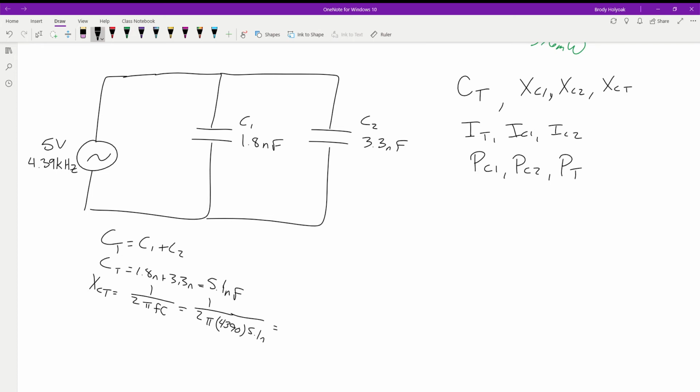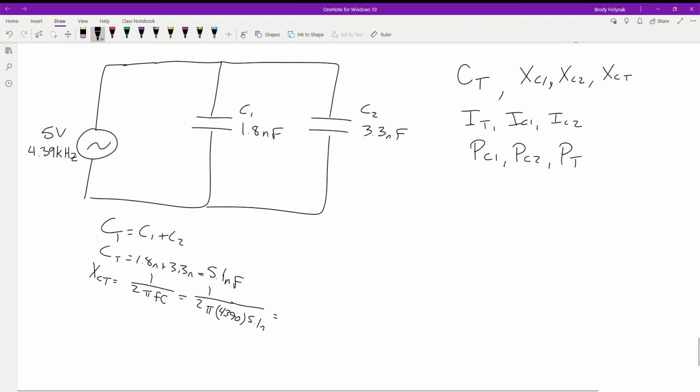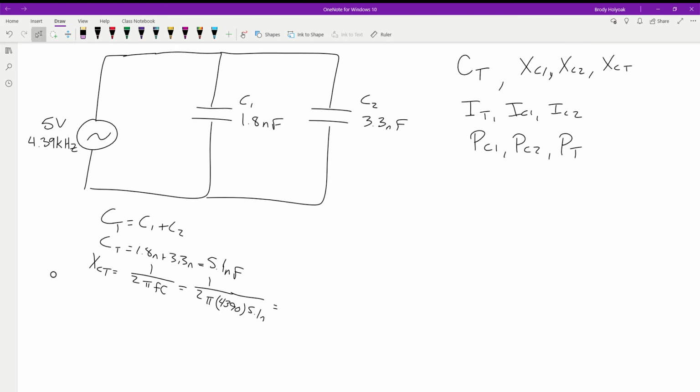So what does our reactance total come out to be? Remember to use lots and lots of parentheses when we're solving for these guys.